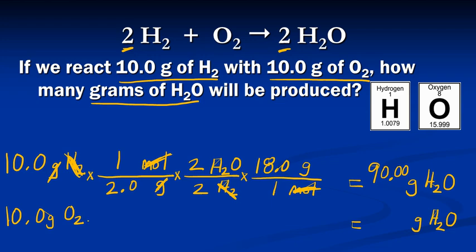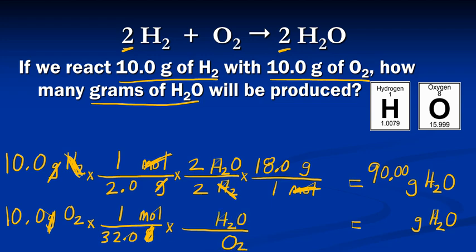Now let's do the next process and see if that number is larger or smaller. So once again, we have to convert to moles. Grams on bottom, moles on top. And for oxygen, it's 16 times 2, so that's 32 grams in a mole of oxygen. Grams cancel. Step 2 is the mole ratio. So oxygen goes on the bottom this time, and water goes on top.